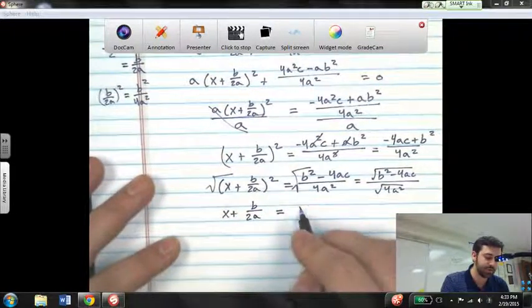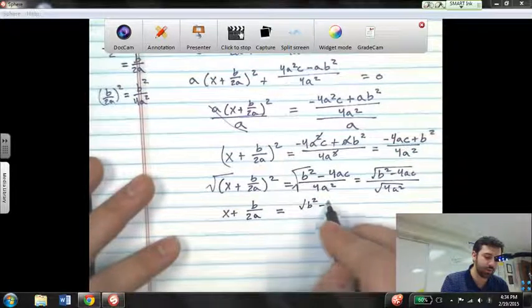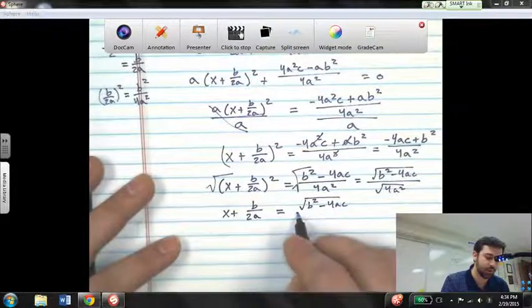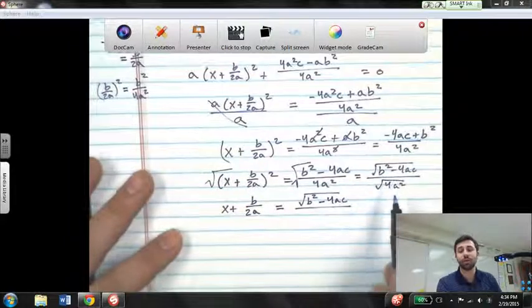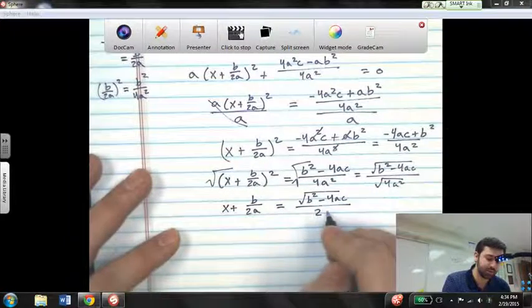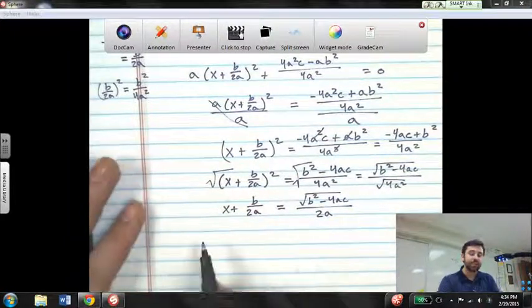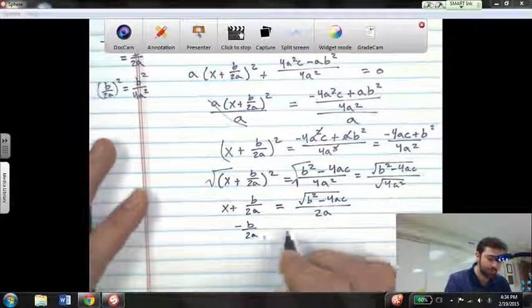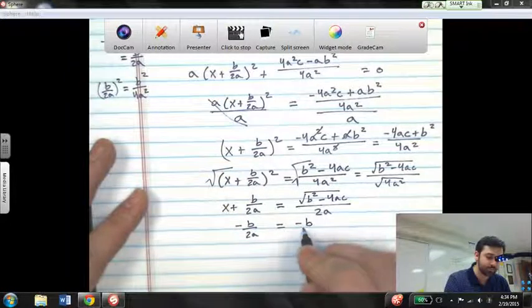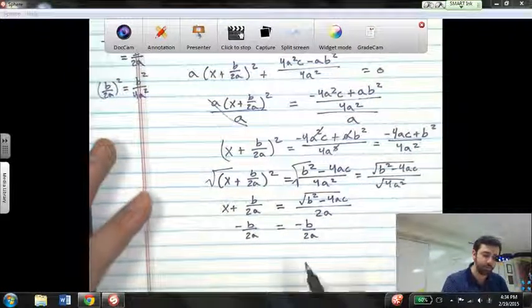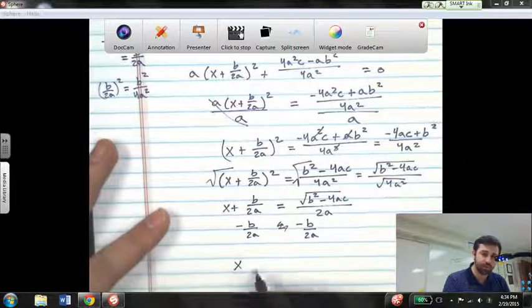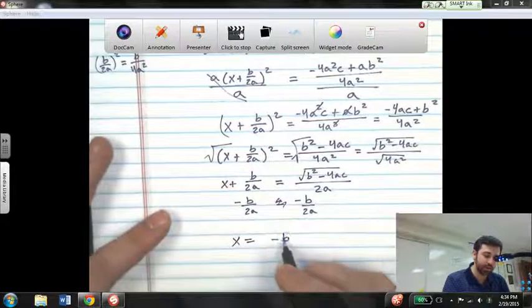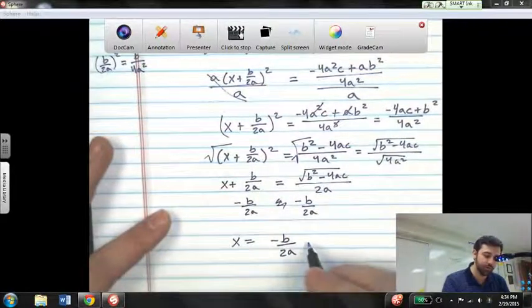That leaves me with the square root of b squared minus 4ac, all divided by, now the square root of 4a squared simplifies to 2a. And now in order to solve for x, I simply subtract b over 2a from both sides.